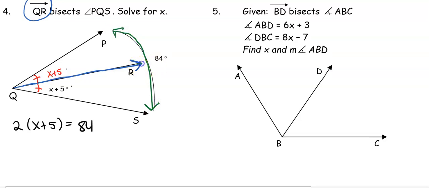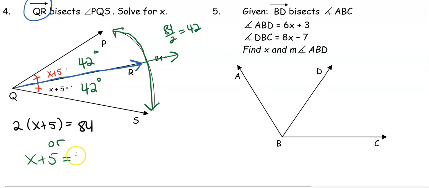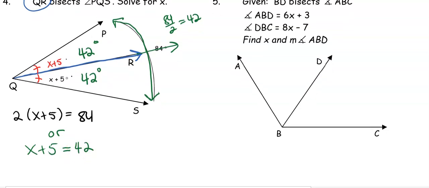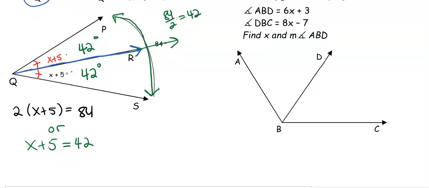So if I'm bisecting that 84, I'm going to cut 84 in half, which means that this is 42 and this is 42. So I also could have done x plus 5 is equal to 42. Either way you do it, we're going to end up with the exact same answer of 37.